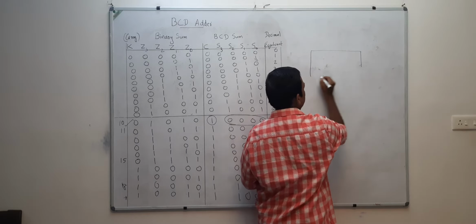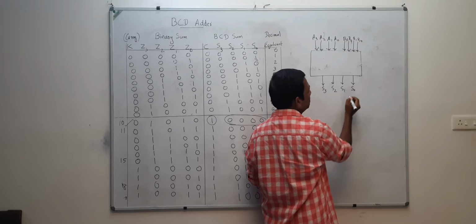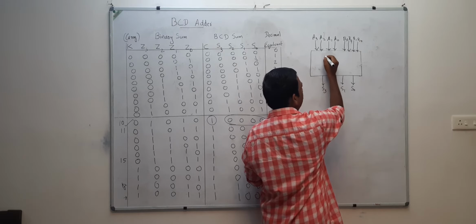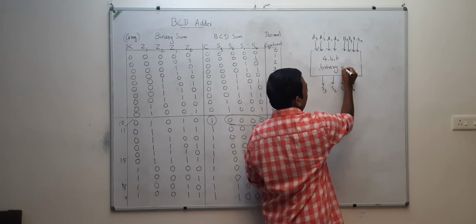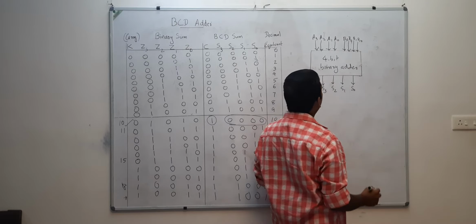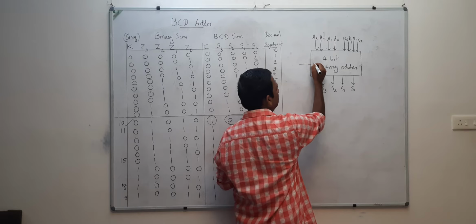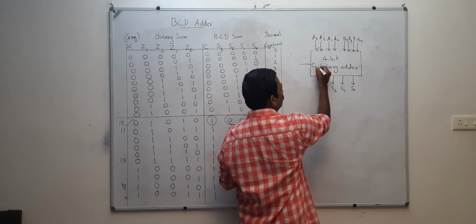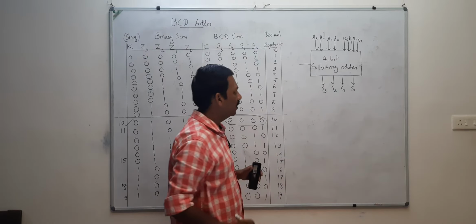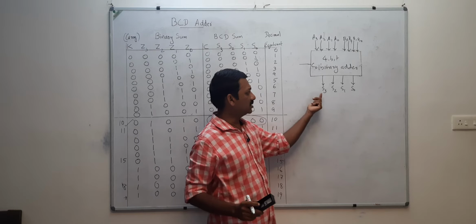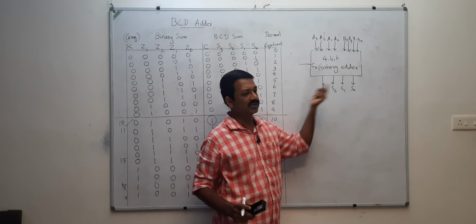When these two are added, the sum is say S3, S2, S1, S0. This is a 4-bit binary adder, and this is the carry generated. That means carry out, or simply you are going to write CO. This is the carry output, and these are the sums S3, S2, S1, S0.